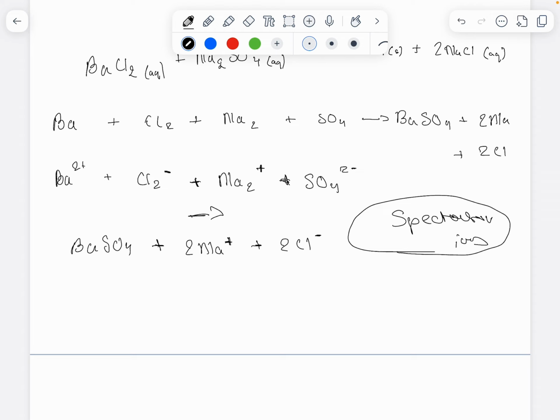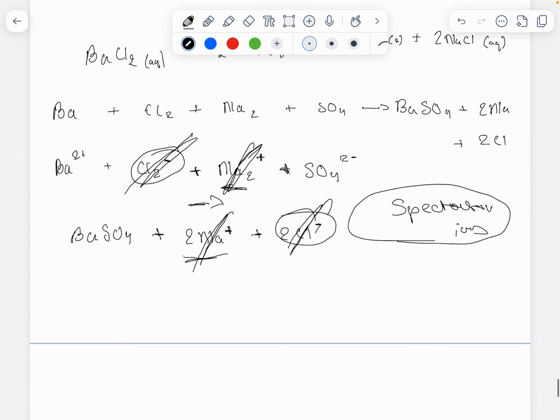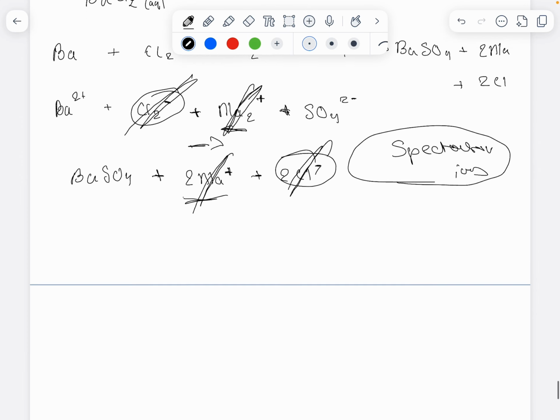So what happens here is that you have to cancel the chlorine and chlorine. So the chlorine over here and the chlorine over here. Because they are the exact same, there's two chlorine minus, they cancel. Same thing with the sodium, 2Na+, 2 sodium with the plus charge. Same thing, so they cancel. Now what we're left with is barium and sulfate.